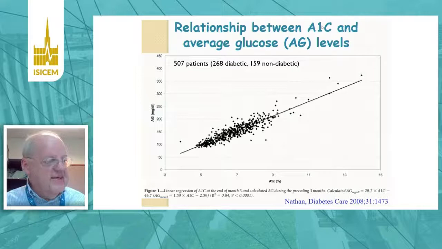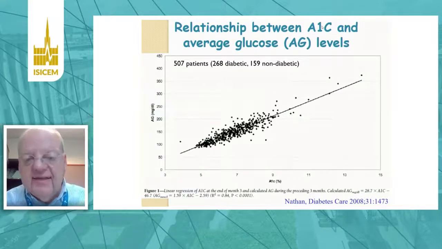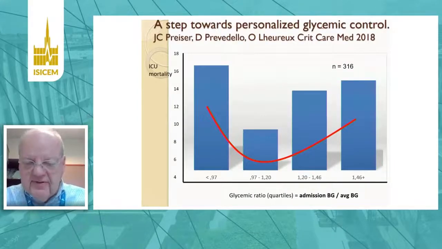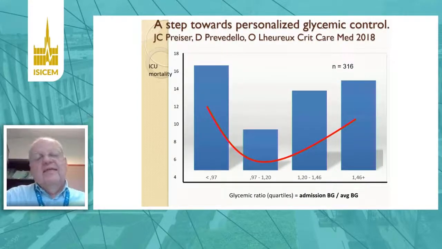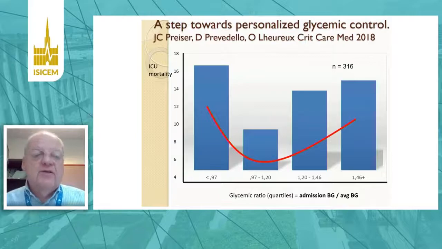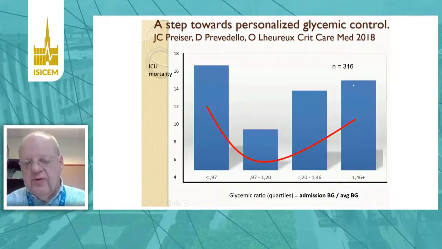The patients having the blood glucose at admission closest to the usual value, the estimated average value, had the lowest mortality as opposed to those who were below or over the usual blood glucose value.